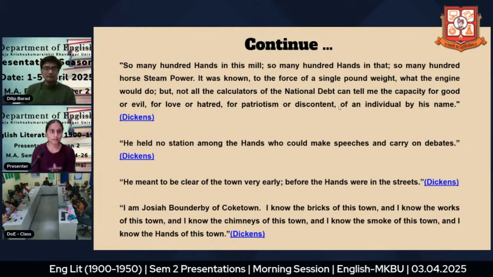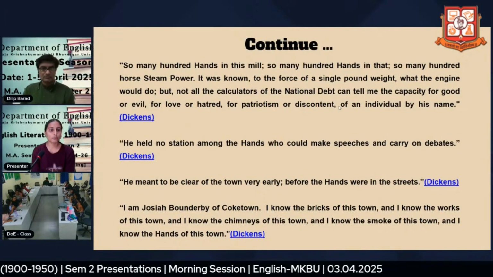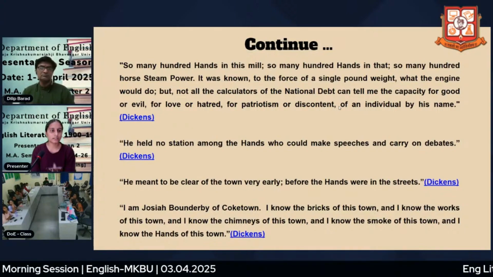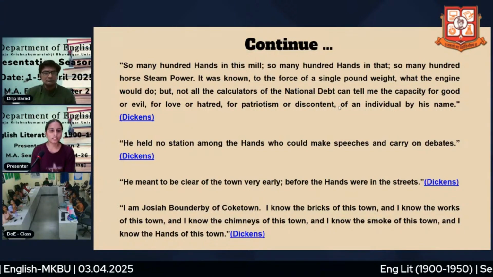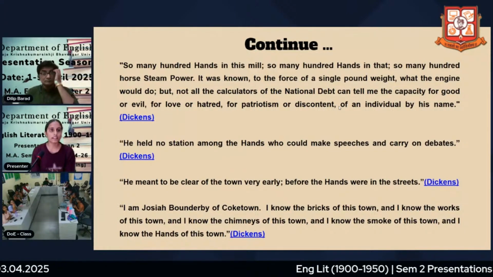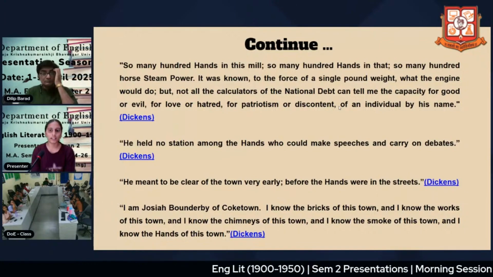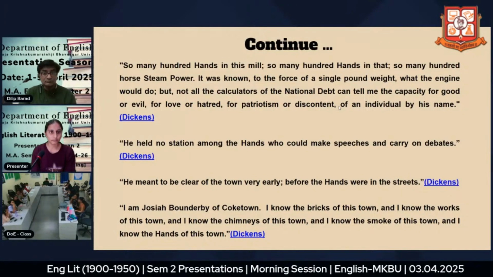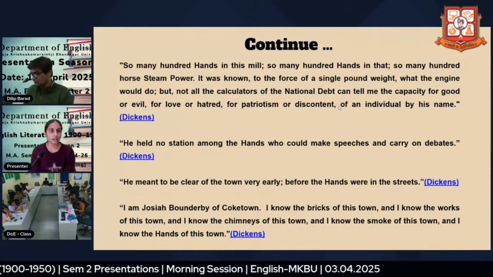Here are some references from the original text showing how elite class people treat the laborers. They don't only say "the hands," but believe that they are not human and are born to be workers.